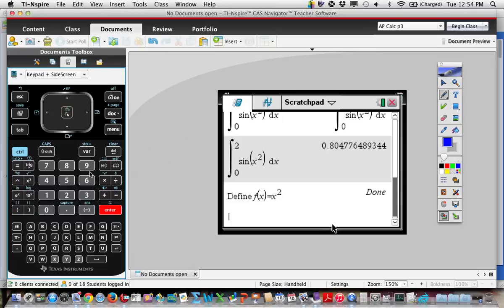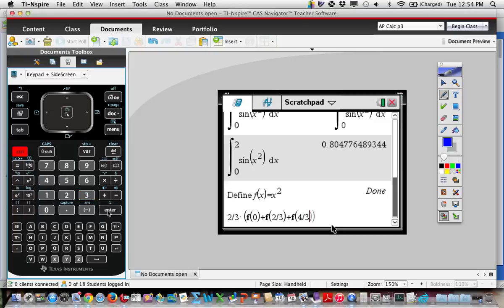Now, what I'm going to do here is now I'm going to do 2/3 times, and then in parentheses, I'm just going to go F of 0. Because you're going to see the advantage of doing this, because here in a minute, we're going to be able to basically just grab this and repeat it. And then what do we have? F of 2/3, and then plus F of 4/3.